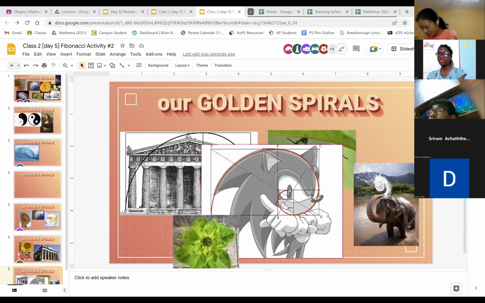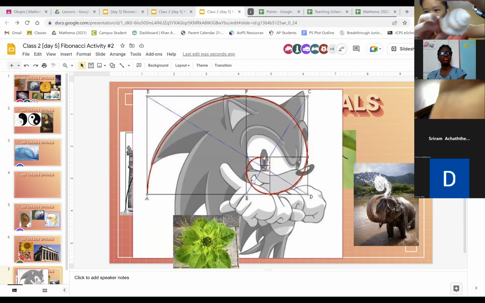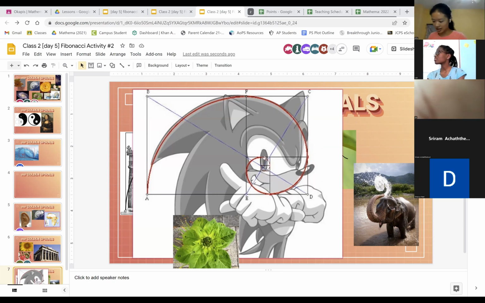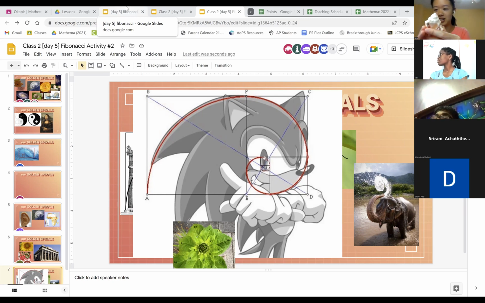Okay, so I have some examples of spirals. This one is a broken seashell, but it has a spiral on the end. There, you can see it now. And then I have another broken seashell, but it is also a spiral seashell.